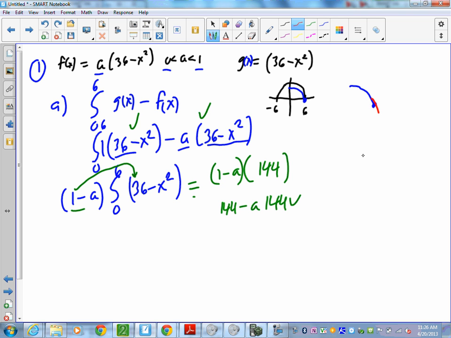We have a point 6, 0, so we just write y minus 0 equal to the derivative of f at x, times x minus 6. So this will find the equation of the tangent.